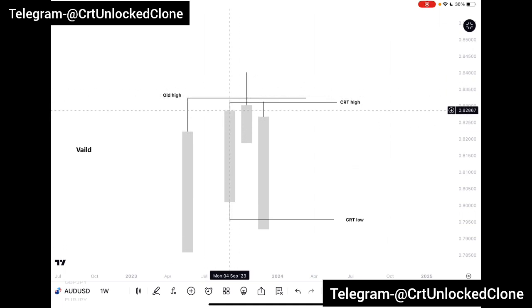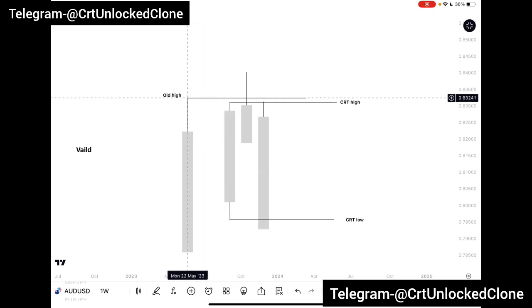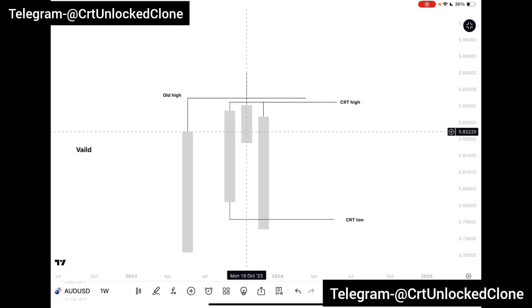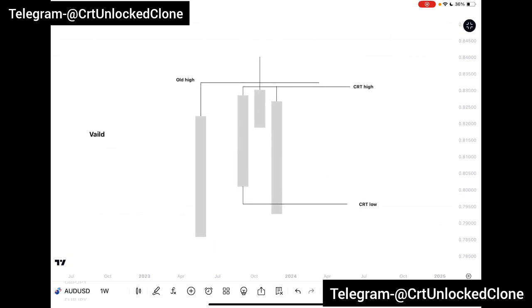Here the CRT candle has not purged the high, and the second candle has purged it. Even this scenario is a valid scenario. If you want, you can take a screenshot of this scenario too. So two scenarios of the key level, old high or low, are over.